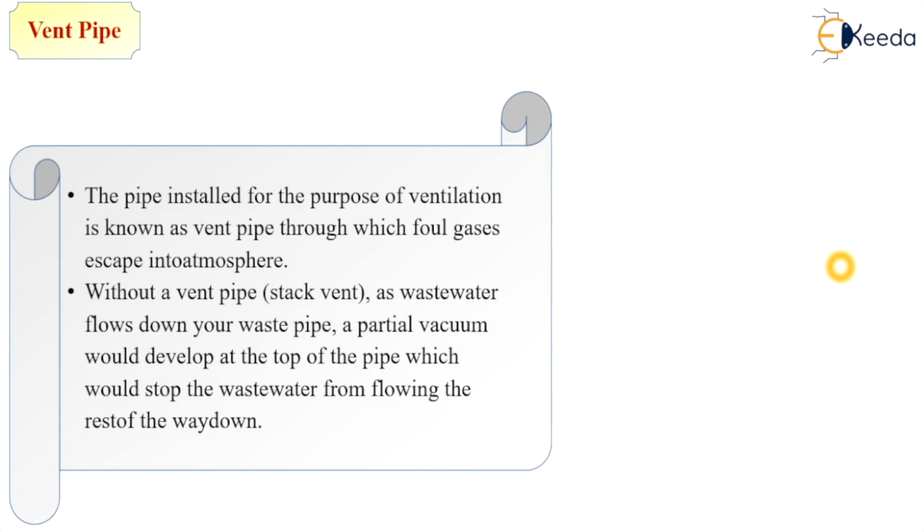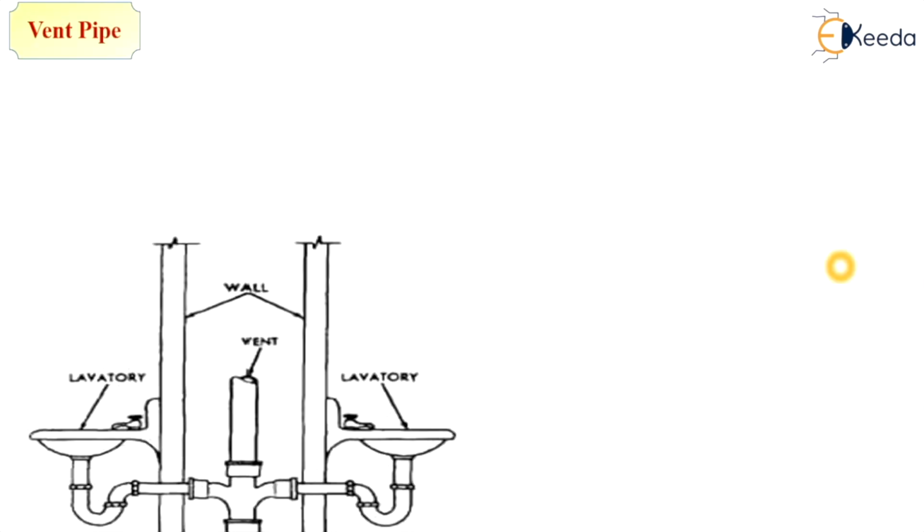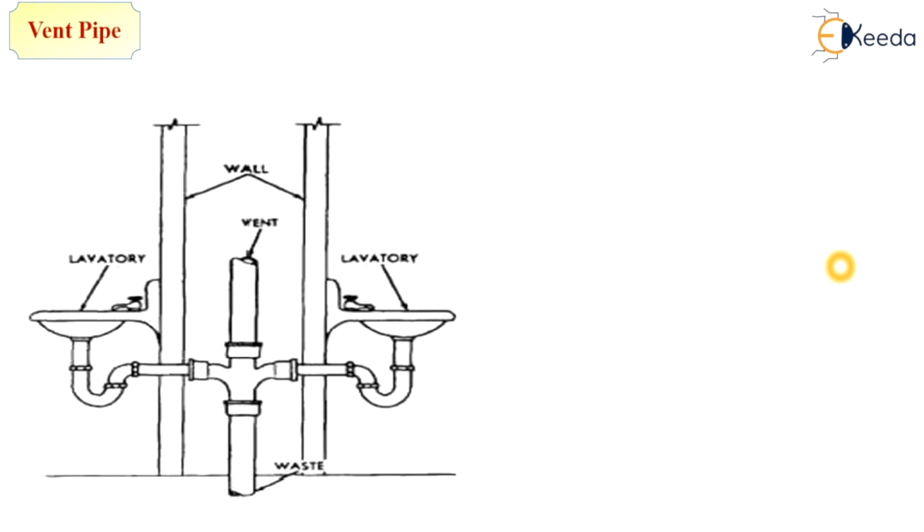Without a vent pipe, as wastewater flows down your waste pipe, a partial vacuum would develop at the top of the pipe, which will stop the wastewater from flowing the rest of the way down. So it is a must to install a vent pipe connected to the soil pipe to remove the foul gases which are released from the soil pipe.